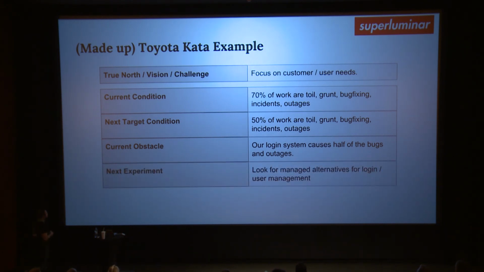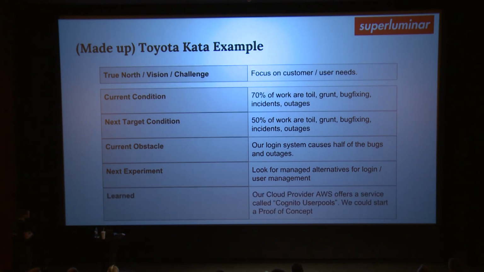And the experiment we could conduct as a team is maybe look for managed alternatives for login user management, because we believe that then our outages will go away. And we might learn after we did this experiment that our cloud provider, AWS, or Google, and so on, offers a service.